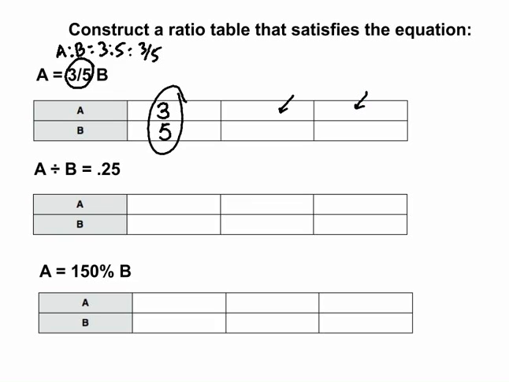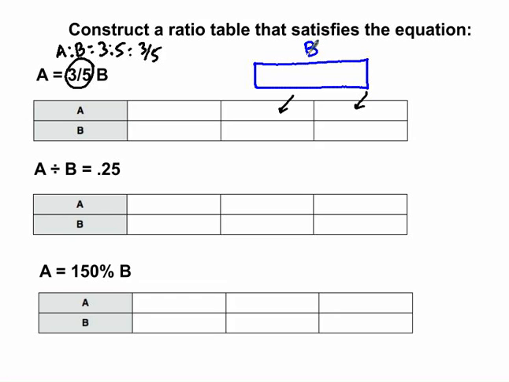Another way of thinking about this, if you get stuck, I always say, think about it if it's 1. So if you didn't know to start at that 3 to 5, make one of them 1. What happens to the other? We could think about A equals 3/5 of B. If we think about it in a fraction model, and this is B, the whole thing is B, and let's just say B equals 1. What is 3/5 of 1?